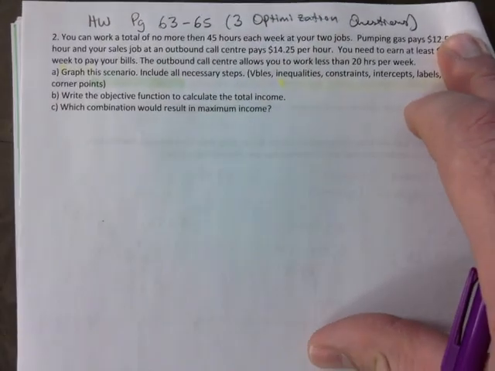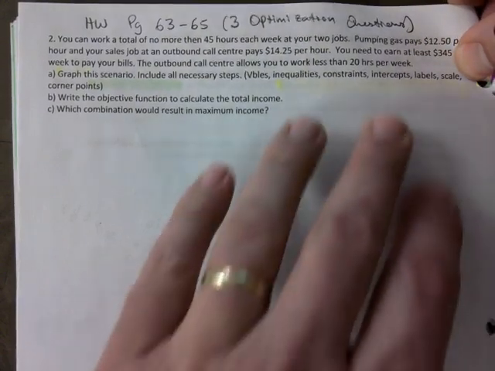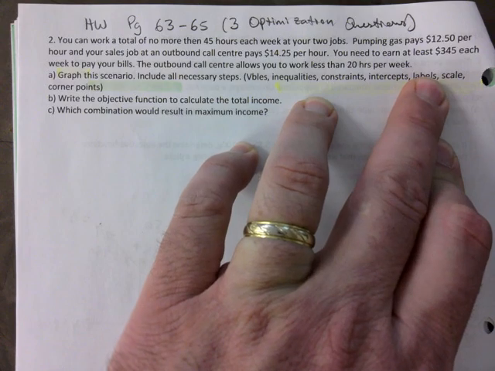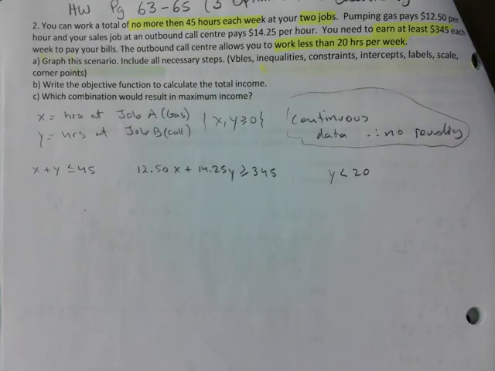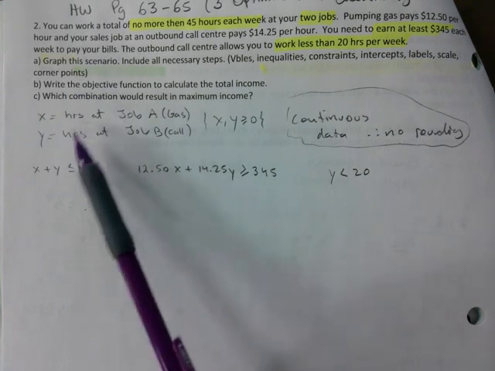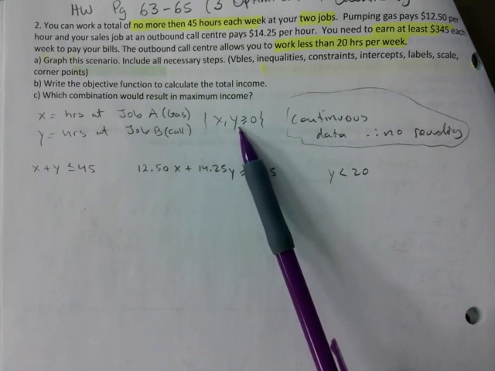So let's see this backside here. Okay, what I'm going to do is I'm going to freeze it here. I call it job A, job B, but it's really pumping gas, call center, right? Those are my hours at both. Can't have negatives, of course.